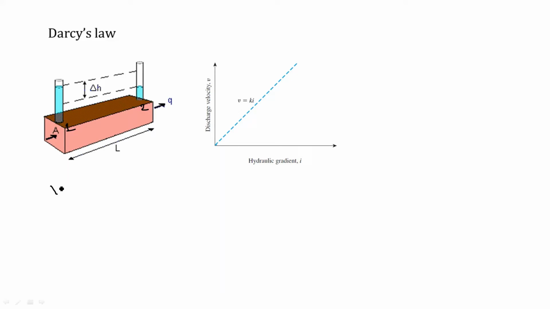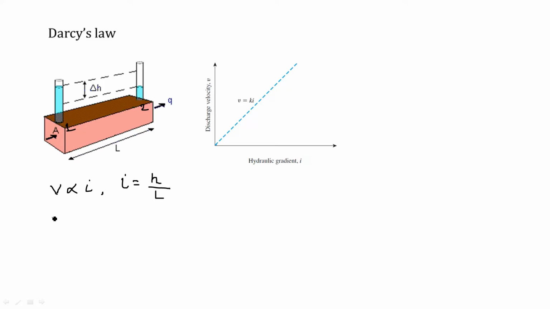Hydraulic gradient is nothing but the head difference divided by the length or distance between these two points, and H is the head difference between these two points.